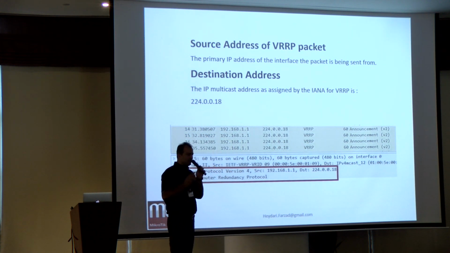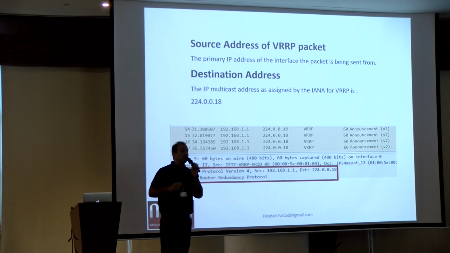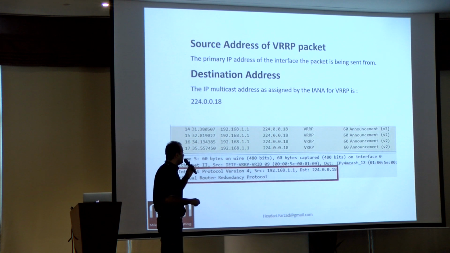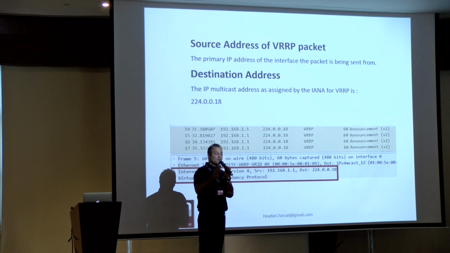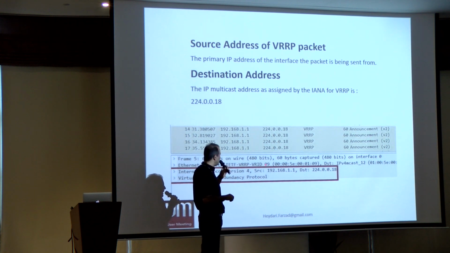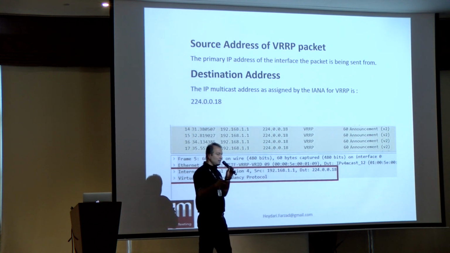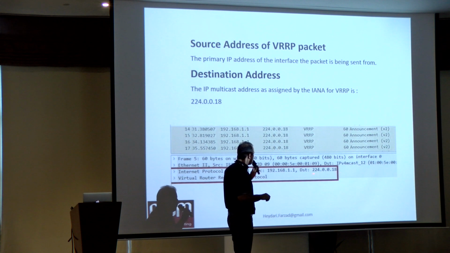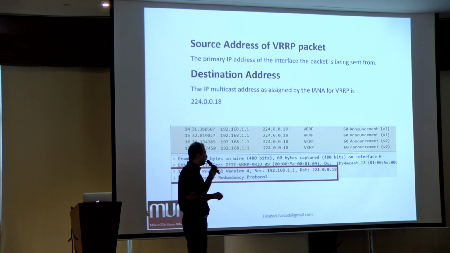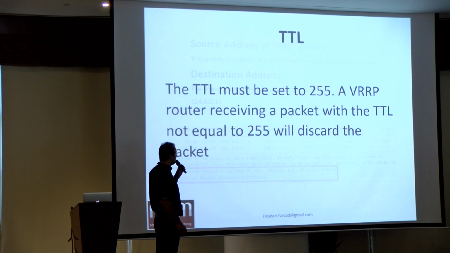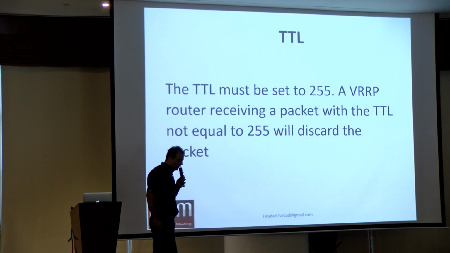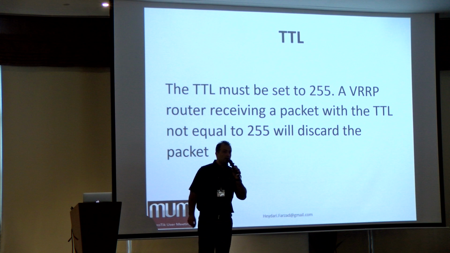The hello packet that is sent by the master has as its source address the real IP address of the master interface, and the destination is this one. So this is the multicast of VRRP, Virtual Router Redundancy Protocol. Be careful about the VRRP packet.